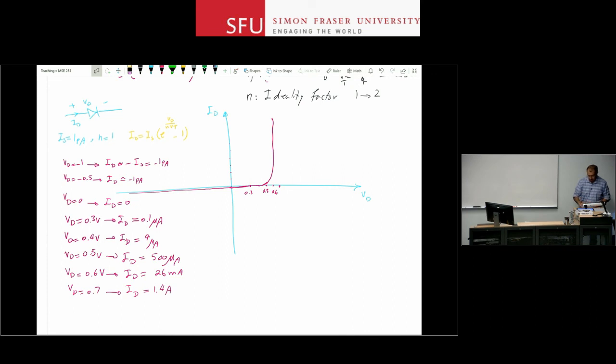As a rule of thumb, just remember that for a typical diode with an N of 1, every 60 millivolt increase in VD, when the diode is on, multiplies the current by a factor of 10. So if you go from 0.6 to 0.66, the current goes up by a factor of 10.